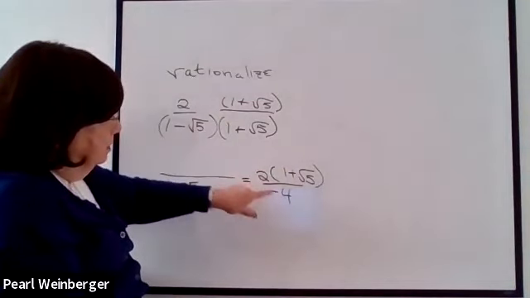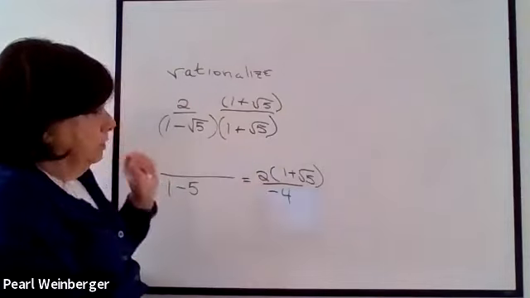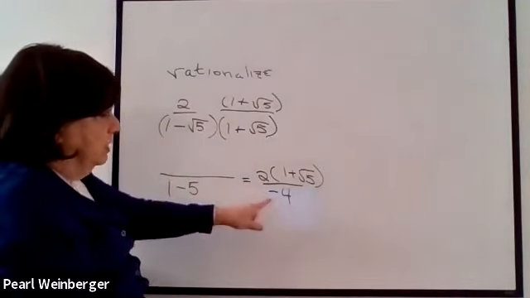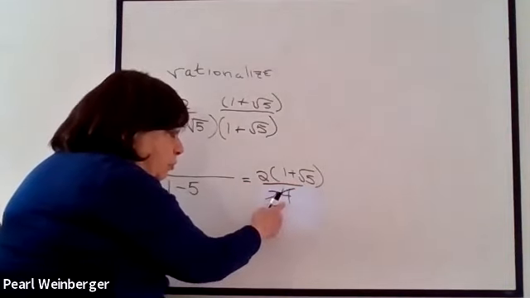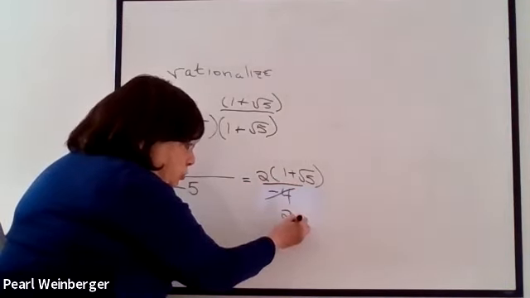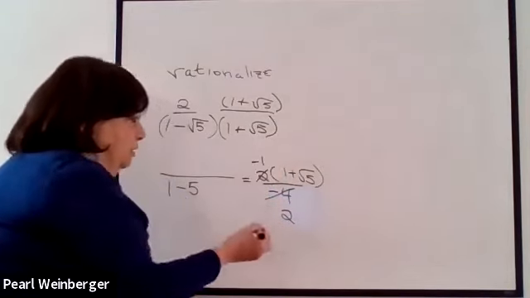And I see that the top and the bottom can be divided by negative 2. Now, the reason I'm using a negative 2 is because I don't like a negative in the denominator. So dividing negative 4 by negative 2 will give me 2. Dividing 2 by negative 2 will give me negative 1.